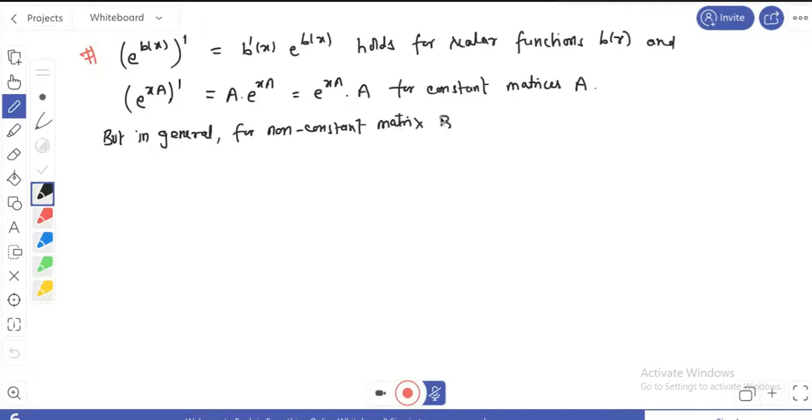Suppose we take this is bx, and you have e to the power of that matrix bx, and you have to find the derivative of that.